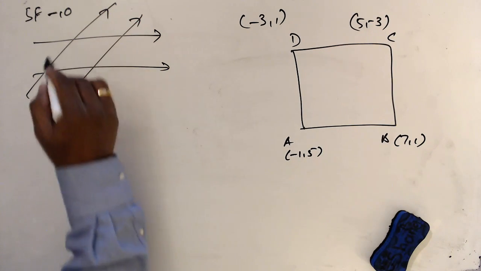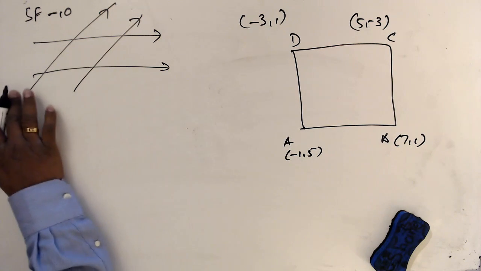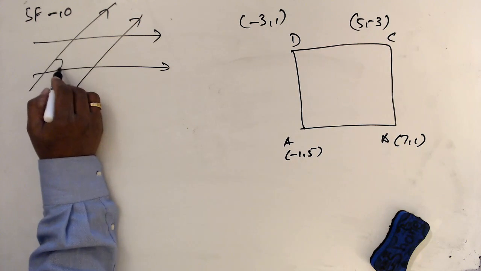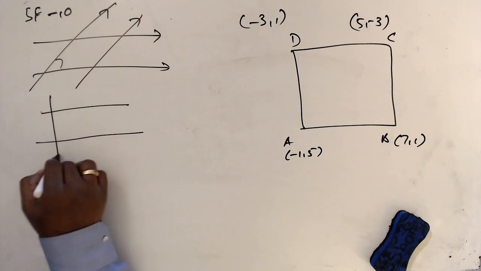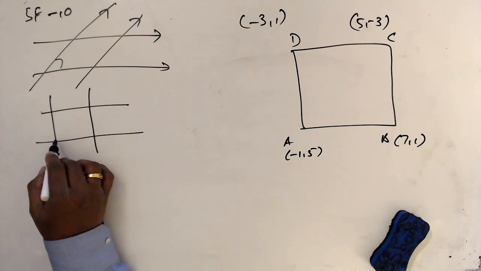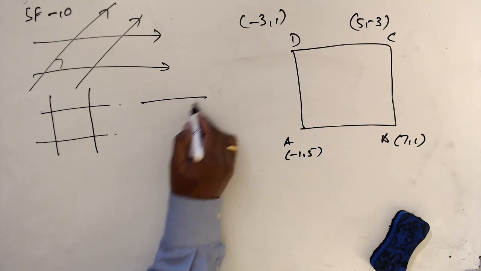Now it can make a rhombus or a parallelogram, and then I will show that this angle is 90 degrees. Then it will become either a square or a rectangle.